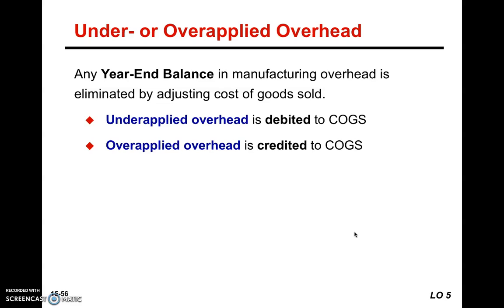We use cost of goods sold because our assumption for this class is that all the jobs that we manufactured during the year are sold by the end of the year, which is not a true assumption in the real world, but you will see that in other advanced accounting courses, really the ending balance in manufacturing overhead should be allocated to a couple of different accounts.